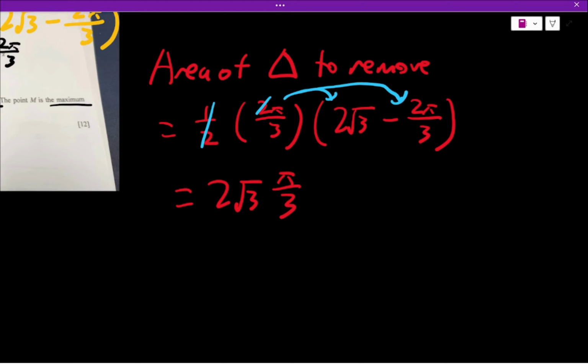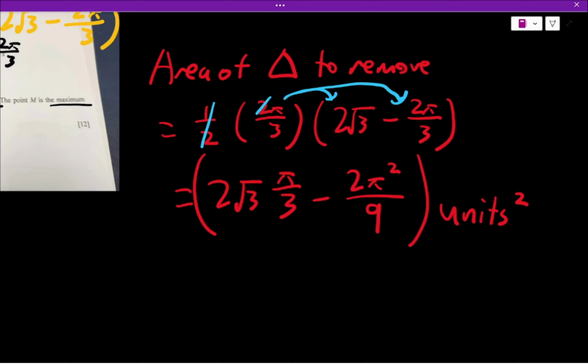You can leave it like this if you want. Minus 2 pi squared over 9. So this is units squared. Just to check, seems about right.